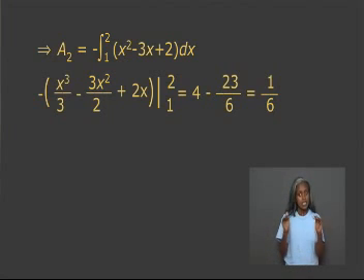This equals negative x cubed over 3 minus 3x squared over 2 plus 2x restricted from 1 to 2. By substitution, this can be evaluated as 4 minus 23 over 6 or 1/6.